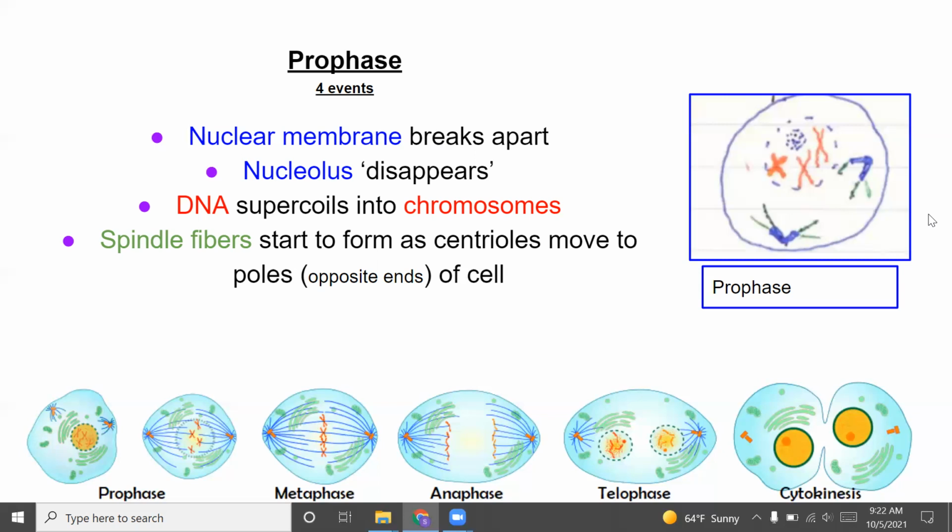The centrioles probably would make more sense to be green, maybe. Maybe not, because you want to know that the spindle fibers are a different structure than the centrioles. So if I was going to redraw this, I would probably draw them maybe black or orange. But don't worry, it's fine.